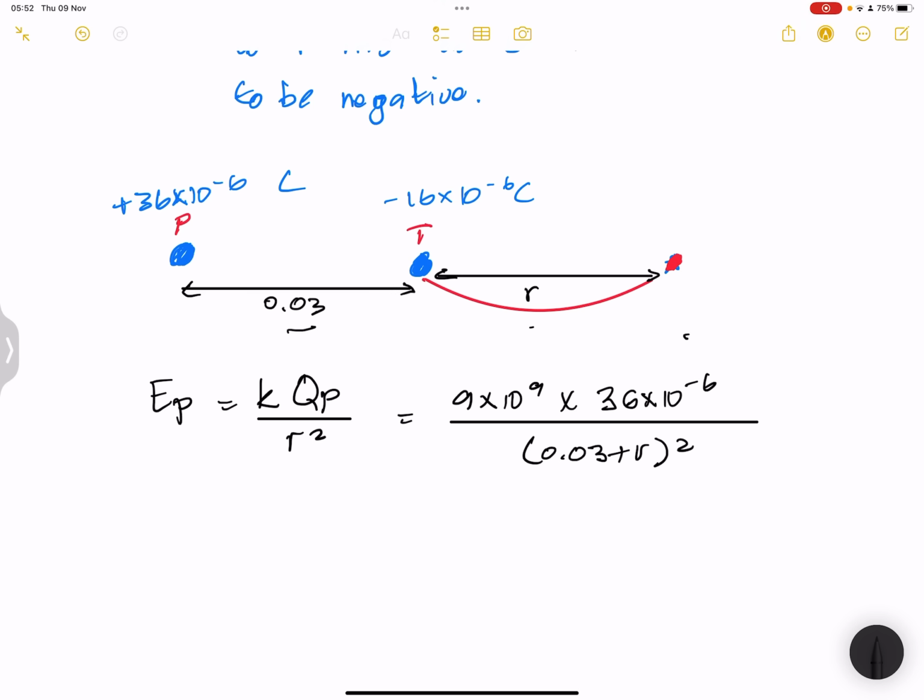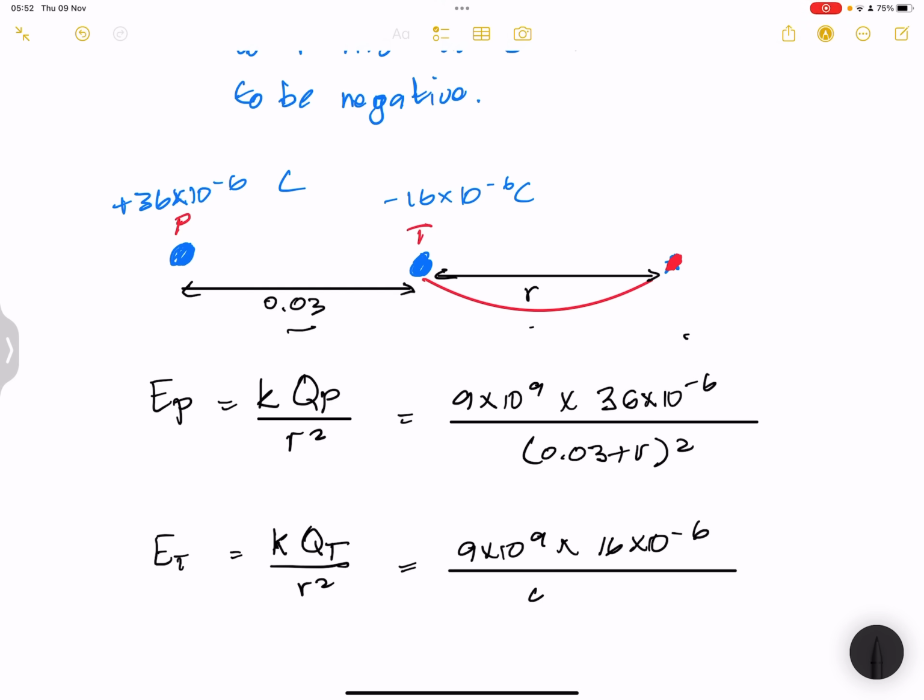There's nothing much we can do there. But what about the field due to T? We're going to do exactly the same thing: 9 exponent 9, KQT over R squared, and that's 9 exponent 9 times the charge, which is 16 times 10 to the negative 6, divided by R squared.